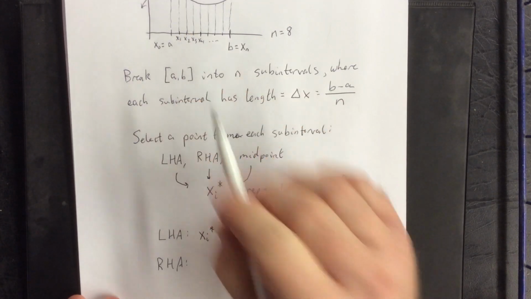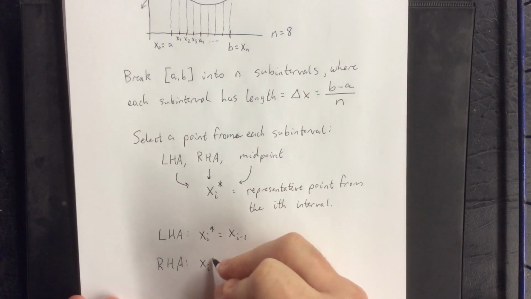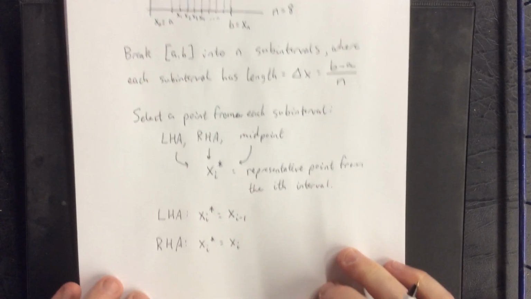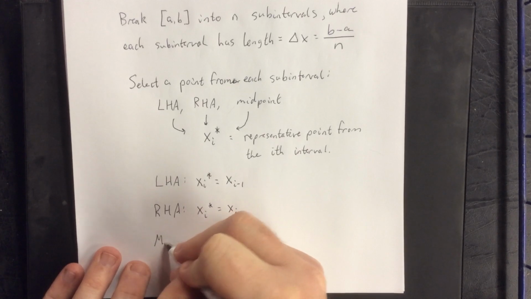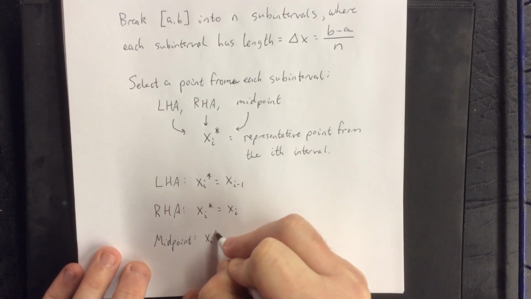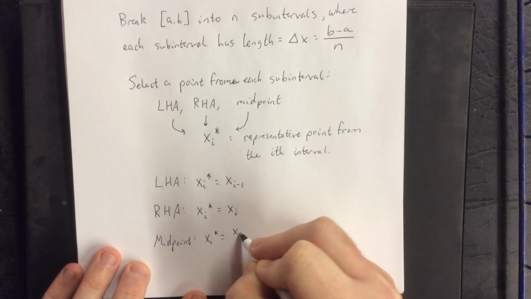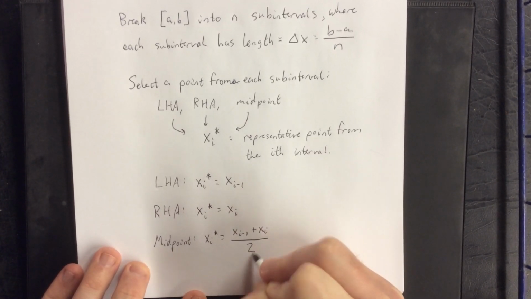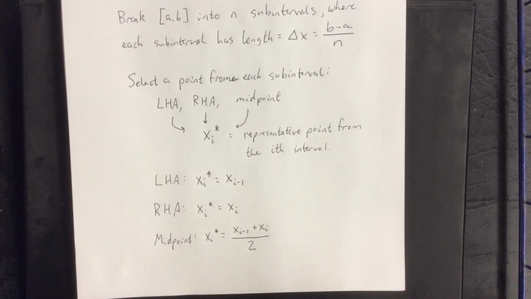For the third interval, we'd be using x3. In this case, your representative point would be x sub i. And finally, if you are going to go with the midpoint approximation, then you would be looking for the midpoint between the 2 points that I just listed. That point would be the average of those 2 points.